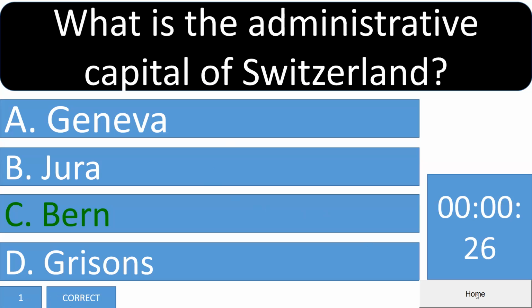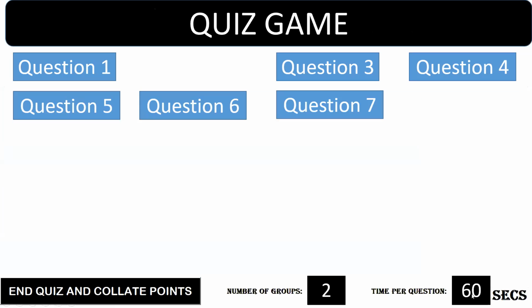However, if it is the wrong option chosen, you find that the letters appear as red fonts. Okay, so here the answer is correct. Go back to the first slide. That question 2 is off. It's invisible, cannot be seen.